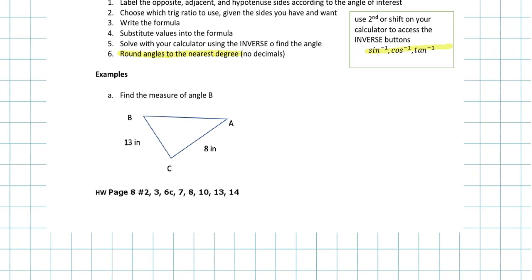Find the measure of angle B. So we're looking for angle B. According to angle B, the hypotenuse is AB or BA, that works both ways. According to angle B, where is my opposite?